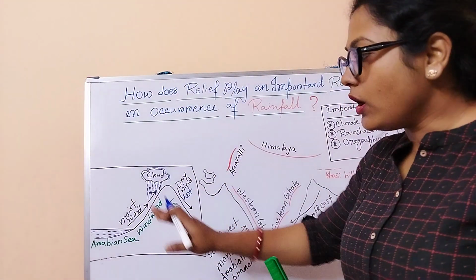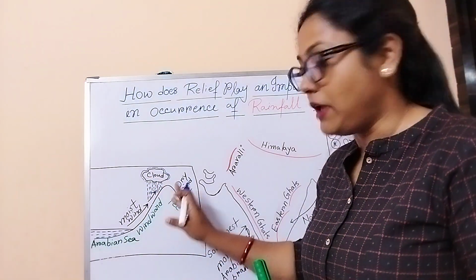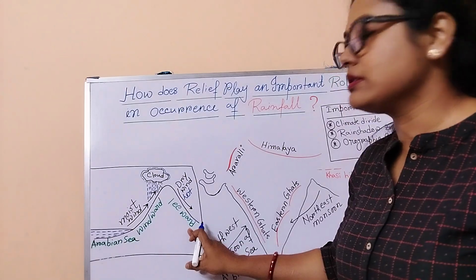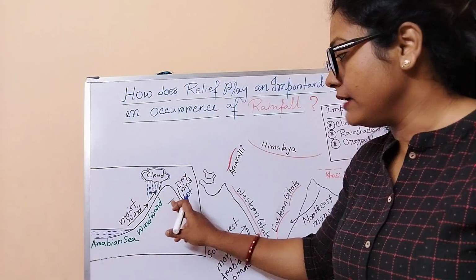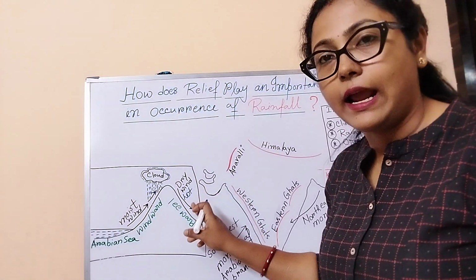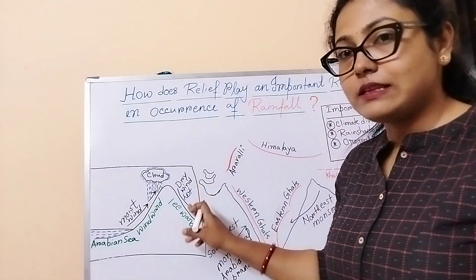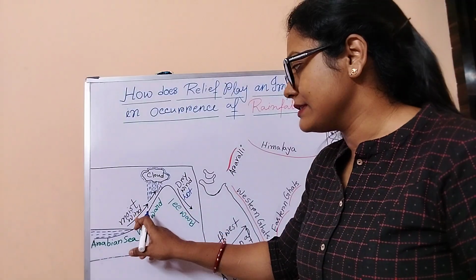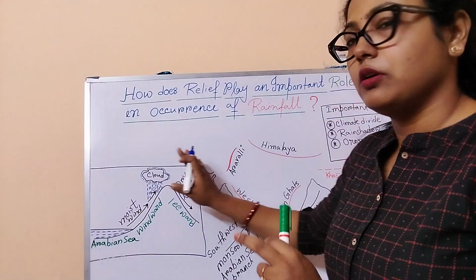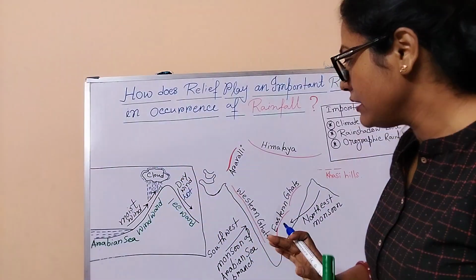So this is all about orographic rainfall, where you need to know the terms related to this: this is the windward side, and this one is the leeward side, and the rain shadow zone is situated on the leeward side, which remains dry, and doesn't get as much rainfall as compared to the windward side. So this is all about the rain shadow zone and orographic rainfall.